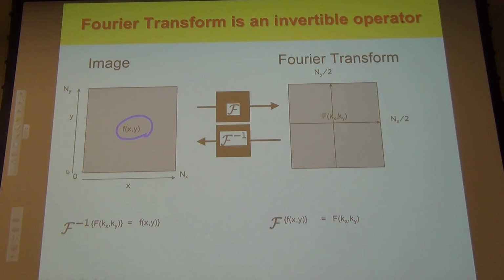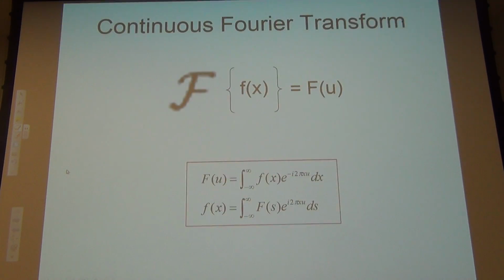You can use the Fourier transform to transform this to the frequency domain. You also can do the inverse Fourier transform to restore this image from the frequency to the spatial domain. I'll give you some examples after that.